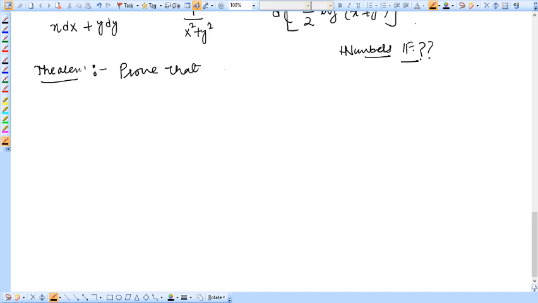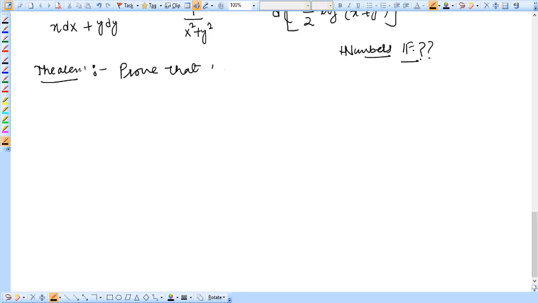How many integrating factors are possible for a differential equation, exact or non-exact? The number of possible integrating factors is infinite.